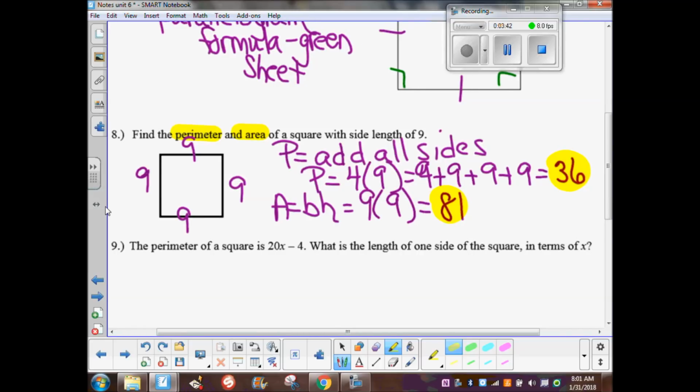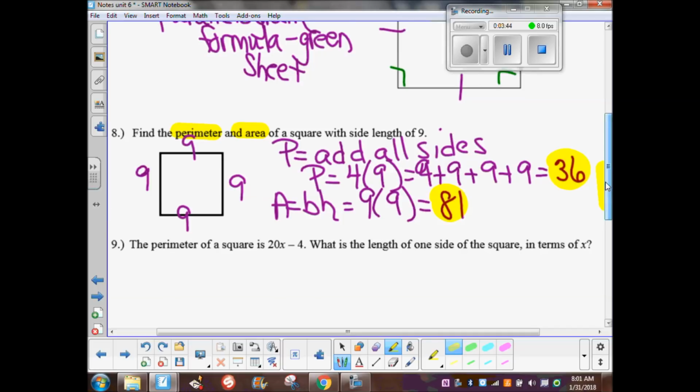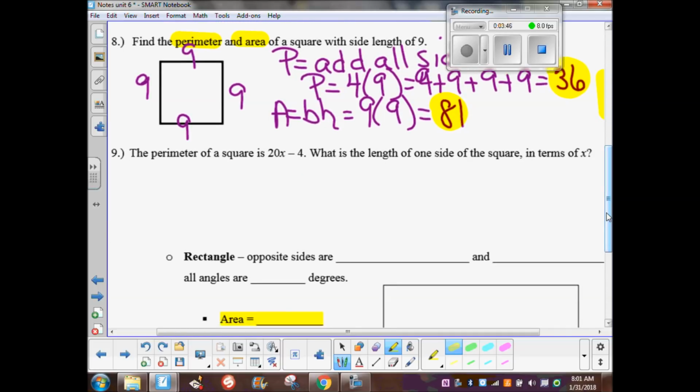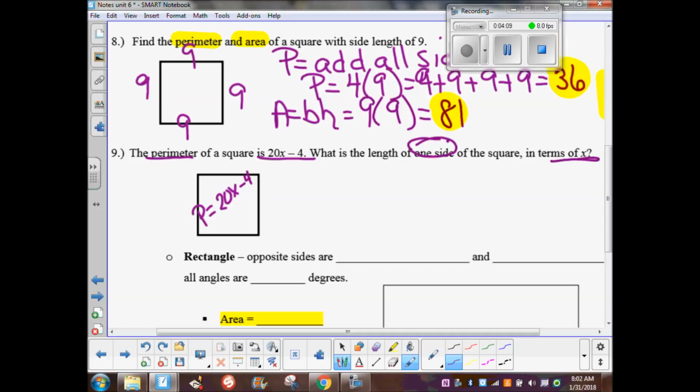So now the next question says the perimeter of a square. Okay, they mentioned a square. Draw it. They say that the perimeter of it is 20x minus 4. What is the length of one side of the square in terms of x?